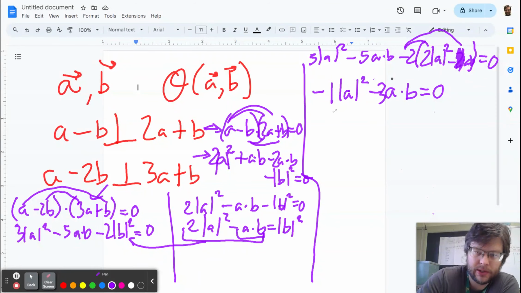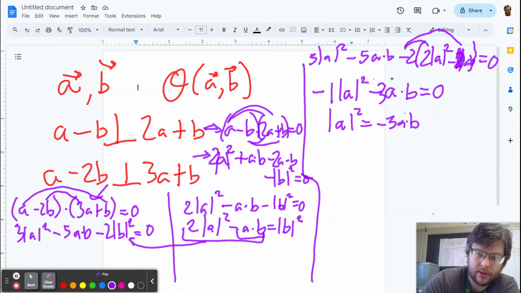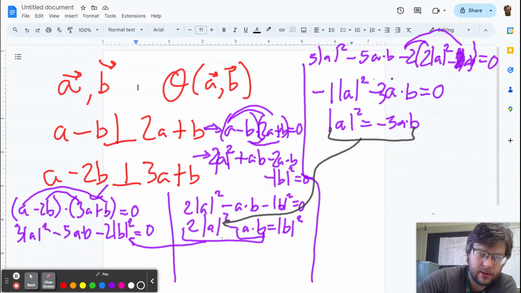So from this equation here, I can get that the magnitude of A squared is negative 3 A dot B. And if I substitute that into the equation for the magnitude of B squared, then I have 2 times magnitude of A squared, negative 3 A dot B, minus A dot B equals magnitude of B squared.